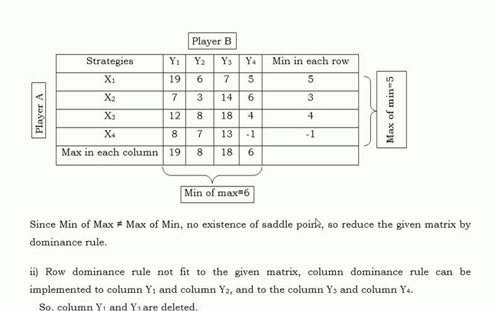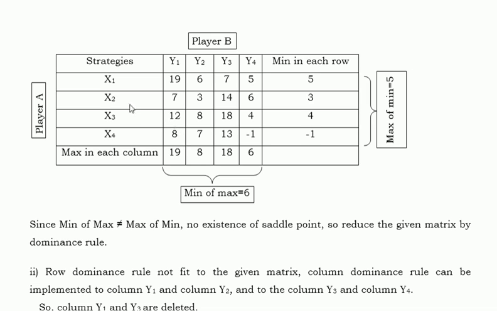The row dominance rule states that you select any one of the rows, there are 4 rows here, x1, x2, x3 and x4, and compare it with any one of the remaining rows. If the selected row values are less than or equal to the other row, then delete the selected row.